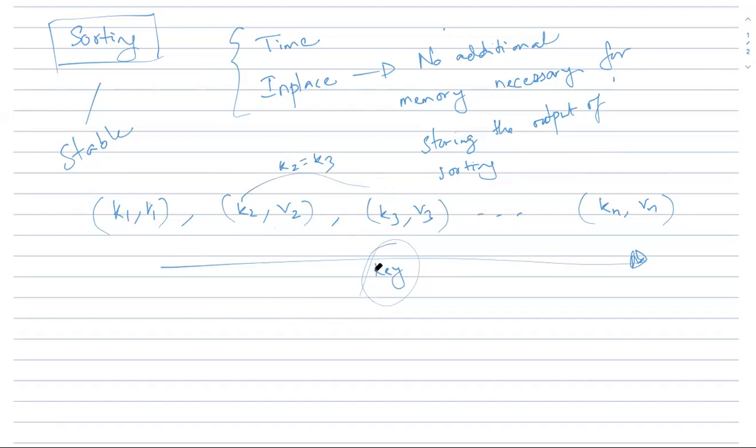So after sorting, one may say it does not matter because the value of the keys in both cases is the same. So as long as I'm able to produce the overall sorted answer, I should be fine. So I can even have K3 comma V3, K2 comma V2. That should be fine because after all, these two keys are the same.